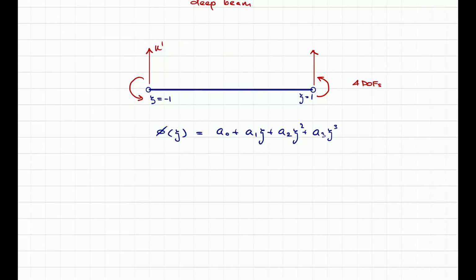So first of all, phi at minus 1 equals 1.